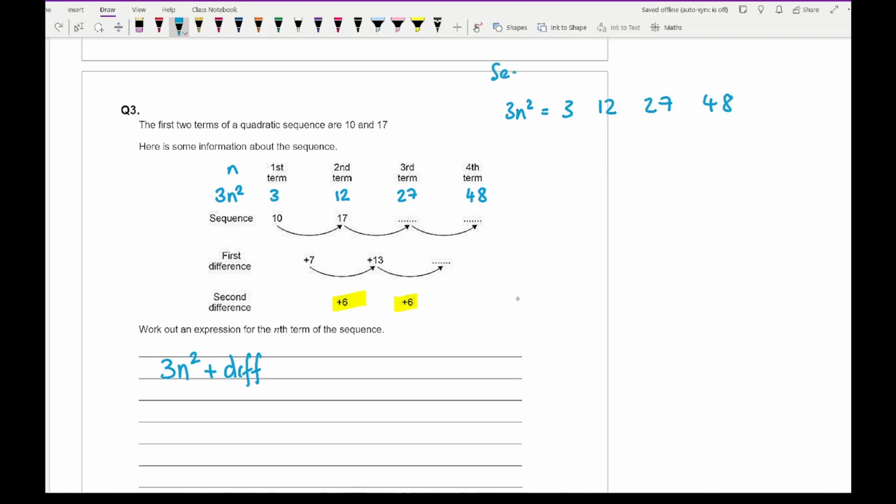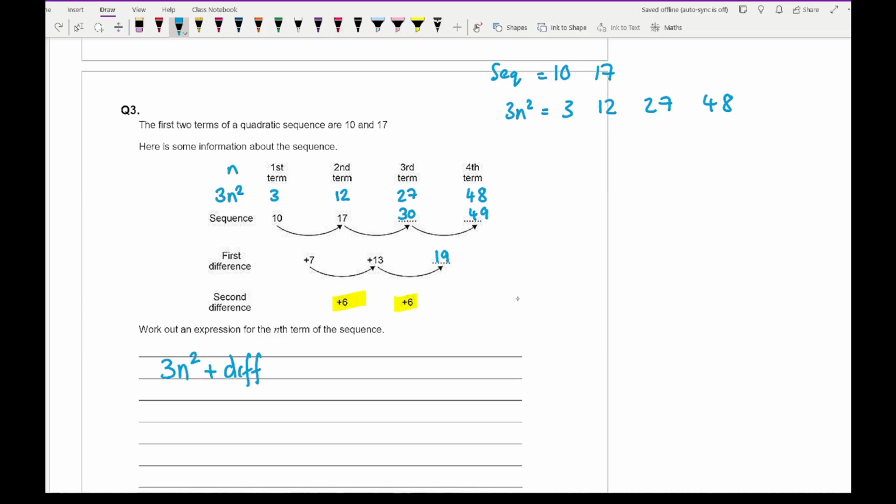Now the numbers in the sequence are 10 and 17. I could work out what the others are going to be. So here I've just got to do 13 plus 17, which is going to give me 30. The next difference is going to be 19, so that's going to be 49. So then from this, what we can then do is to then work out what the difference is going to be.